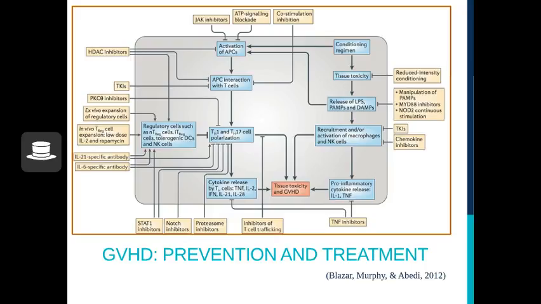Cyclosporine and methotrexate were utilized post-transplant for GVHD prophylaxis. Once the patient developed acute graft-versus-host disease, methylprednisolone was initiated for treatment. There are currently several pharmacological agents that target donor T-cell activation and are routinely used for allogenic hematopoietic stem cell transplant recipients.